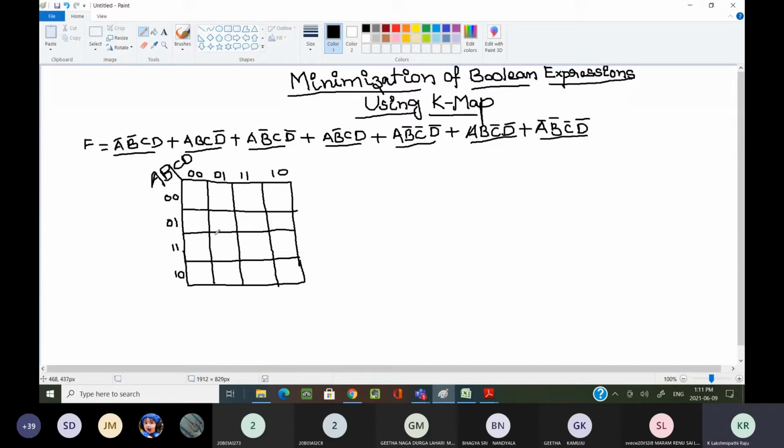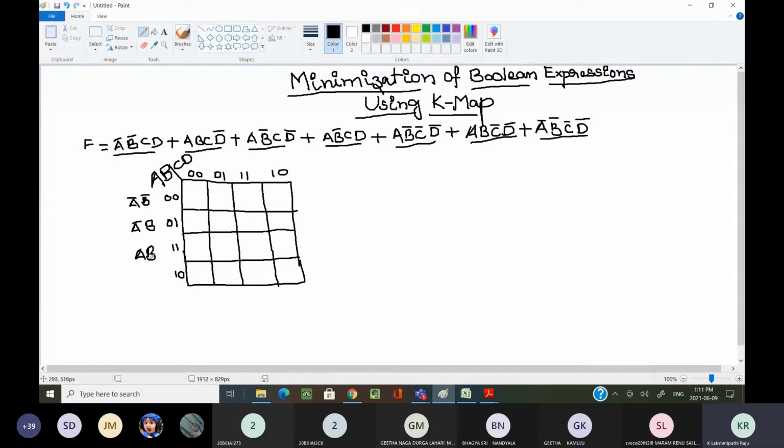Now for the min term positions, for those who are not understanding these terms, left of these you can write A bar B bar, A bar B, A B, A B bar. For your understanding, actually not required.